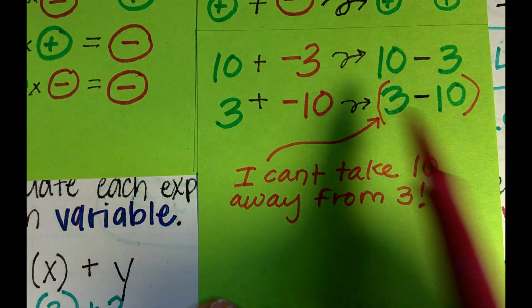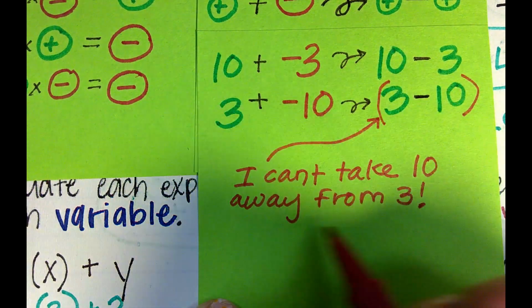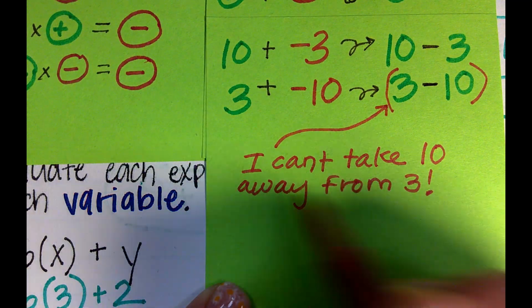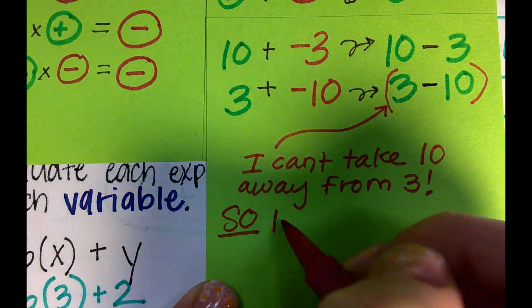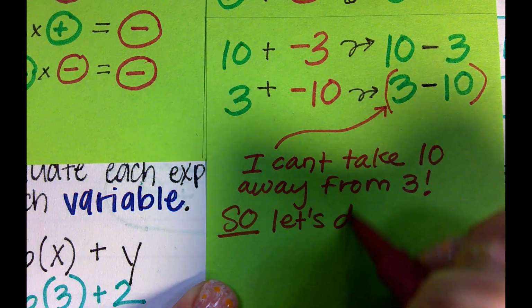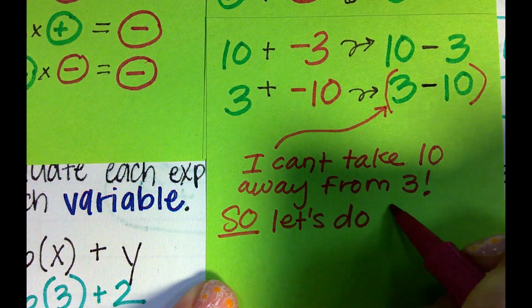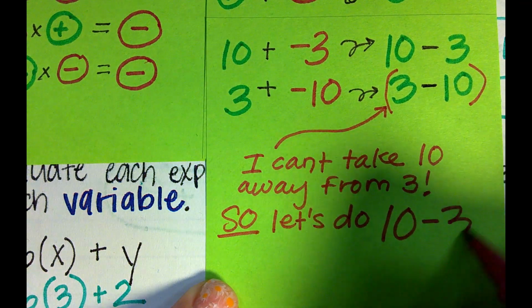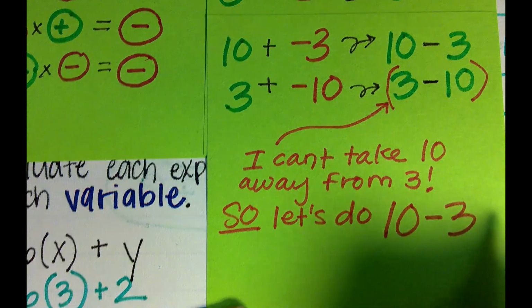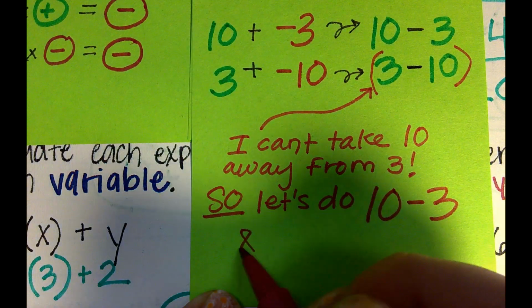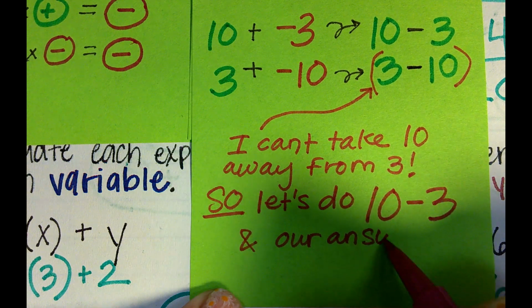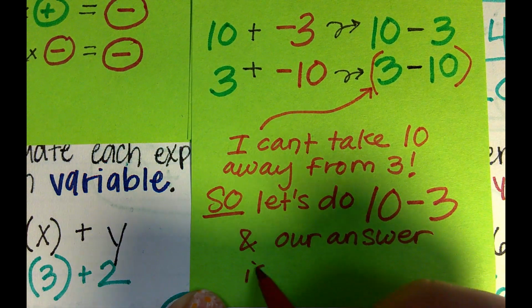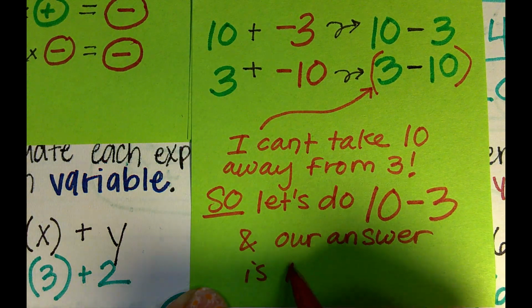So let's flip it. All right, I can't take 10 away from 3. So let's do 10 minus 3. And our answer is negative.